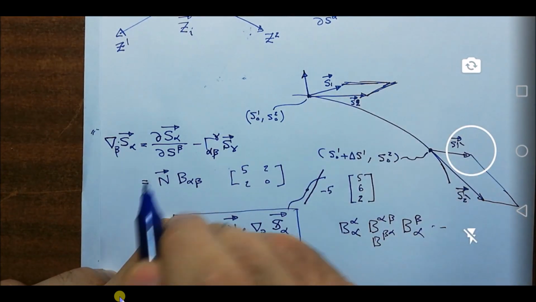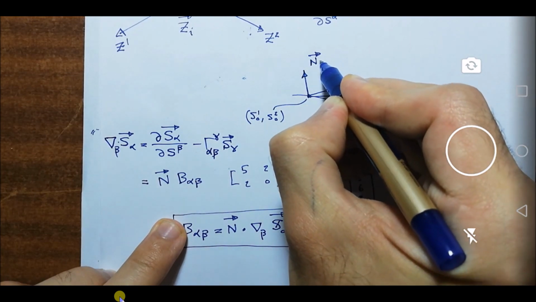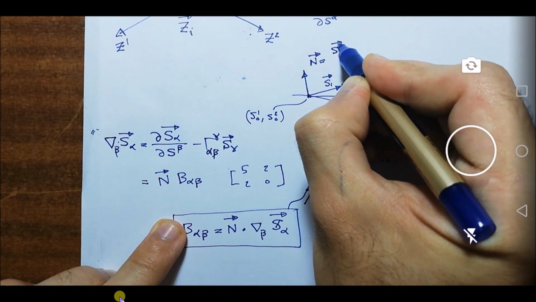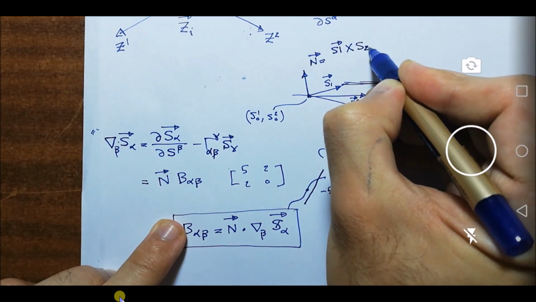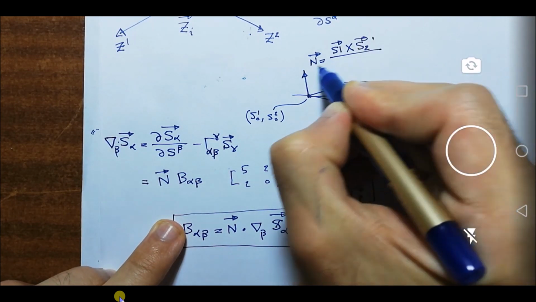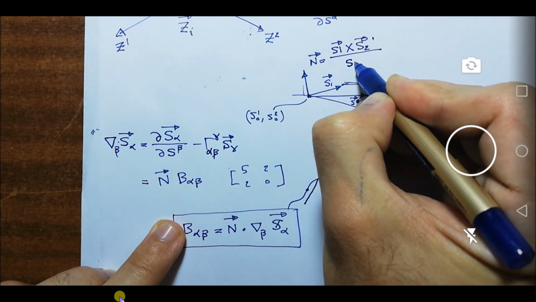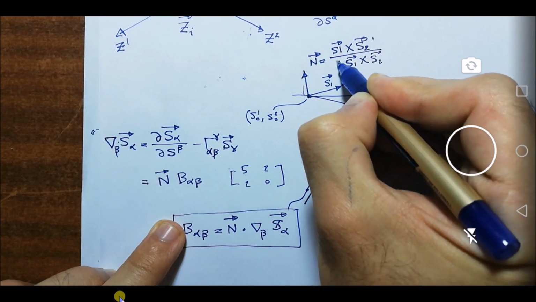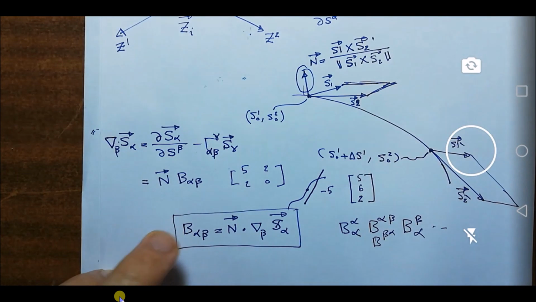This is n, and it can be a unit normal vector. It can be easily calculated by doing a cross product between S1 and S2. Then normalize it in order to ensure that this has a length of 1. So that's S1 cross S2, divided by the norm. Okay, so we calculated the normal.